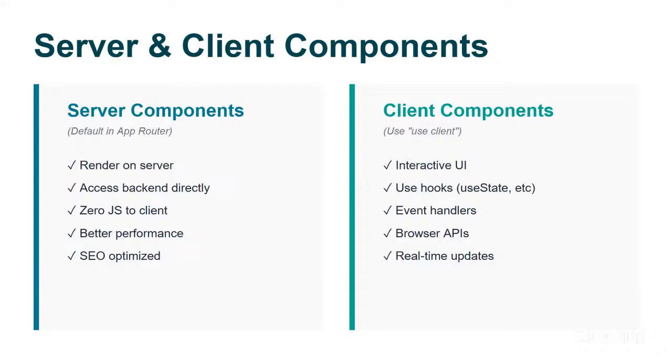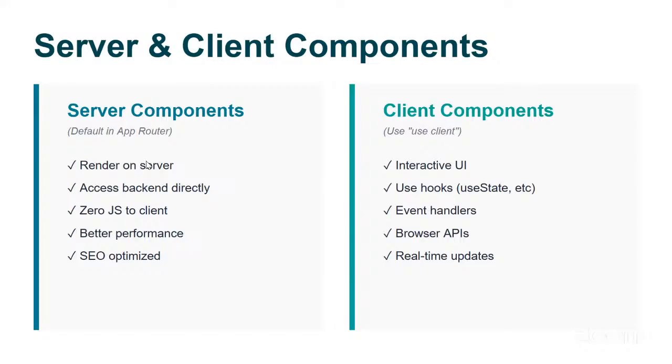For creating client components, we use 'use client' at the top of that component in page.tsx or whatever file name you use. You write use client at the very top to tell the Next.js bundler or builder that this is a client component. So what are server components?